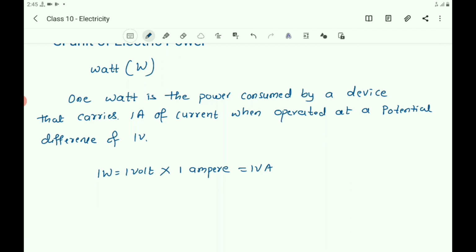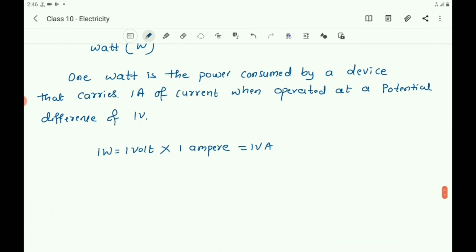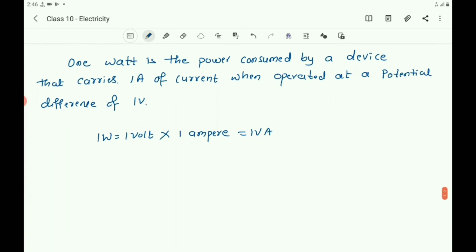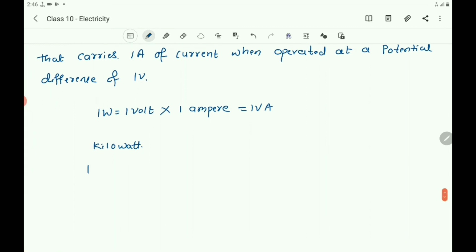Therefore, for actual practice, we use a much larger unit called kilowatt. The general unit is kilowatt, and you know that 1 kilowatt equals 1000 watts.